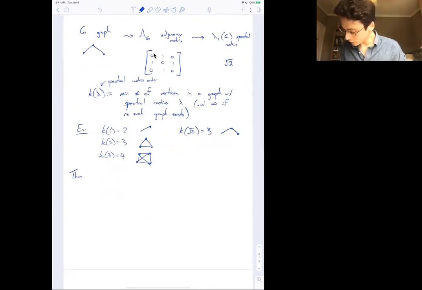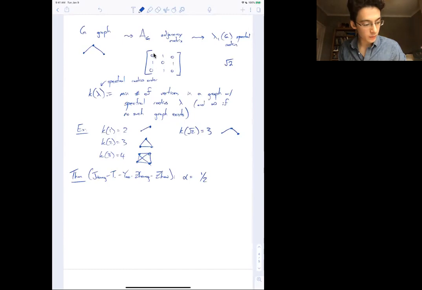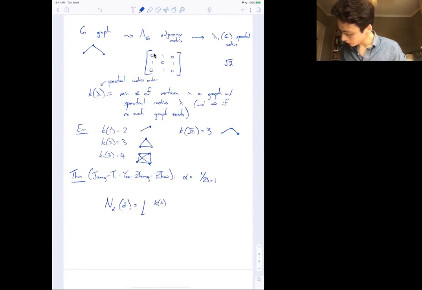So now the full statement of our main theorem is, let's see, I'm going to let alpha be equal to 1 over 2 lambda plus 1. Then n alpha of d is equal to floor of k lambda over k lambda minus 1 times d minus 1 for d sufficiently large.